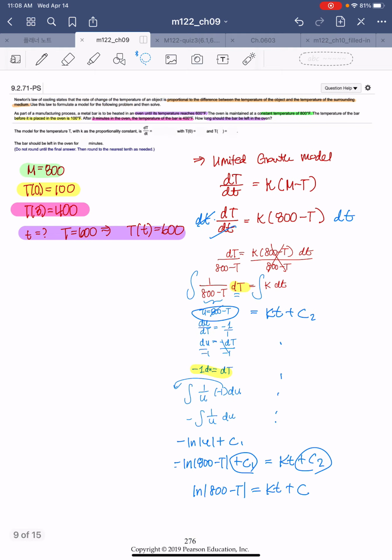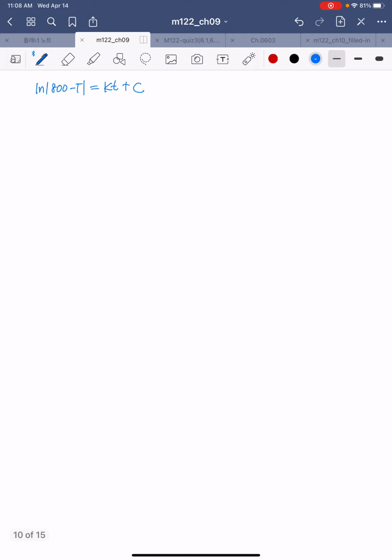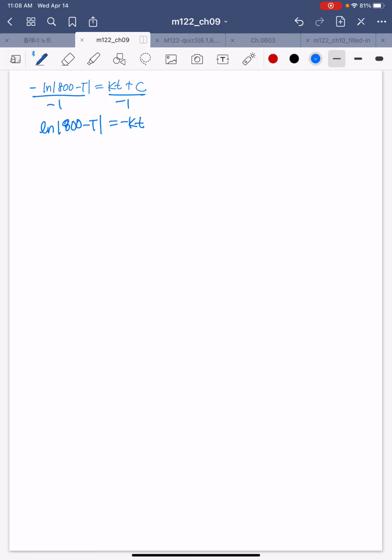Oops, I left the negative here, so it should be negative there and negative. So divided by negative 1, I'm going to have ln 800 minus T equals negative kt plus C. Now this one is just a constant. It could be positive, it could be negative, depending on what original c is. So I'm just going to put it as a c. The sign does not really matter.